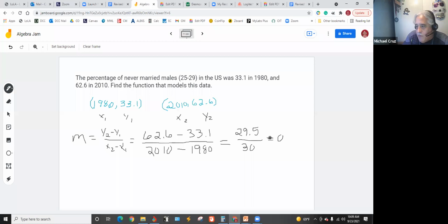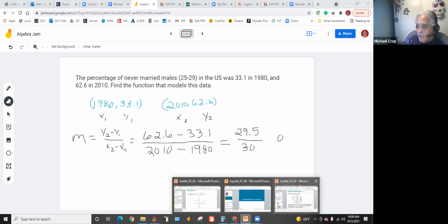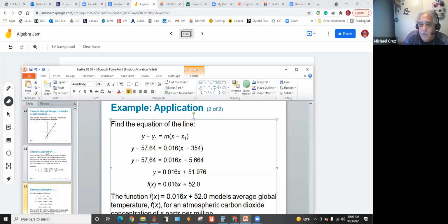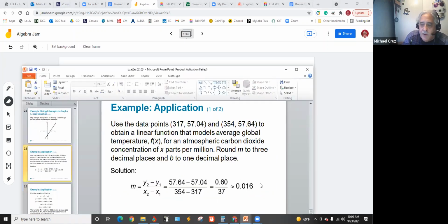And then they use the squiggle thing. Anybody know what that little squiggle means? They had it over here. It means approximately, in case you're wondering.